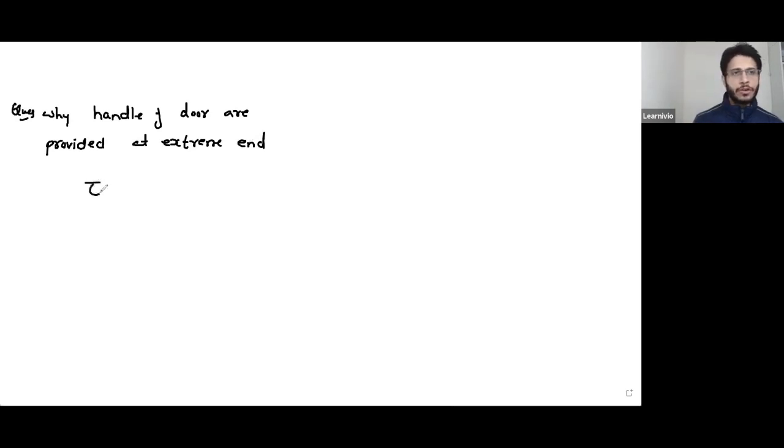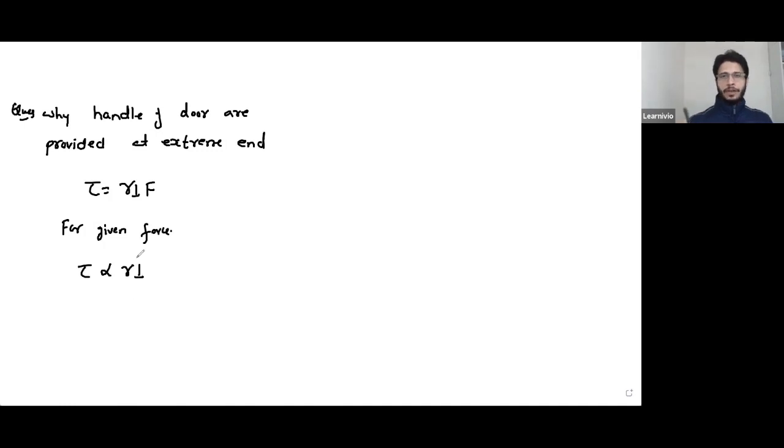The reason is your torque is R perpendicular into F. Your torque is directly proportional to R perpendicular. So for a given force, just tell me, does the door translate or rotate? Rotates. So for a given force, your torque is directly proportional to R perpendicular. The greater the value of R perpendicular, the greater would be your torque.